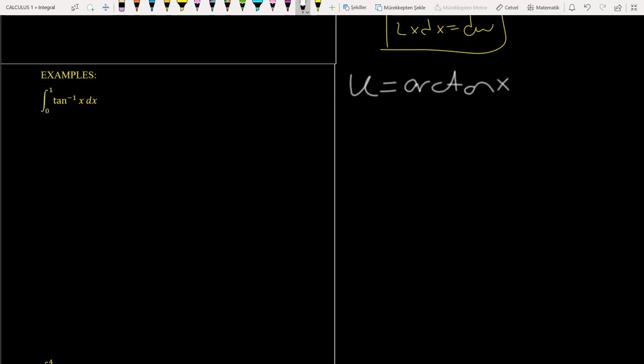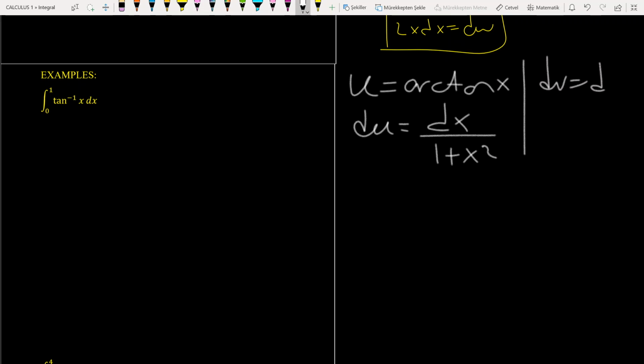So du, the derivative of arctangent x, is 1 over 1 plus x squared, so we have dx over 1 plus x squared. What about dv? dv is the rest, dv is dx, and v is x.